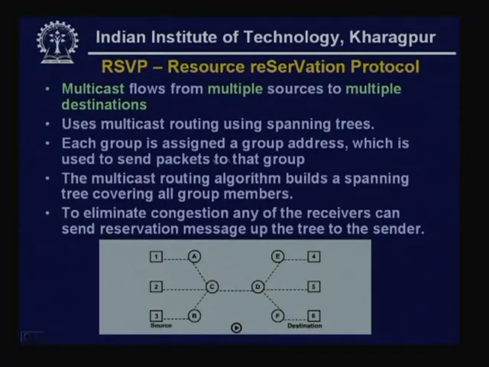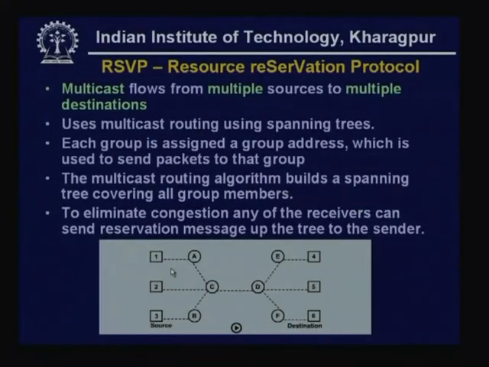But there are many applications where the data has to go to multiple destinations, or it has to be broadcasted. So, whenever a packet has to go to multiple destinations, we call it multicasting. One important application for multicasting, for example, is a station giving video service.